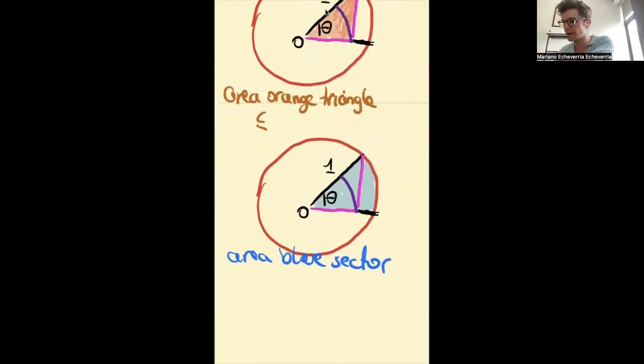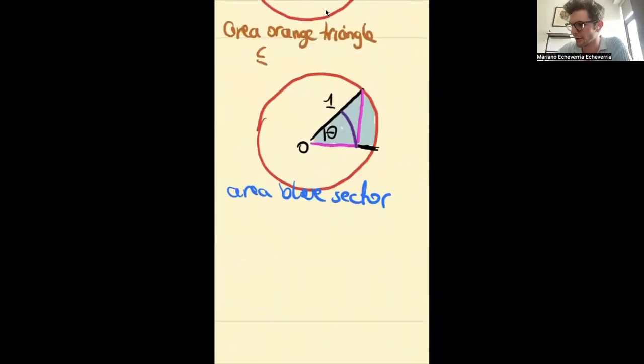Okay, so let me write it like here. So area purple sector, area blue sector, and area orange triangle, right?